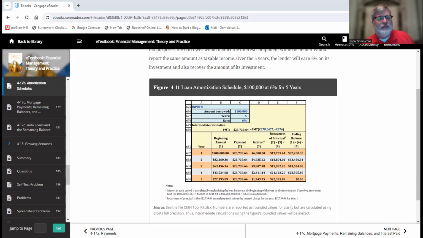We have our ending balance, which is going to be B228 minus the principal payment, E228, giving us that. And then to set it up on the next line, all I did was take F228 and move it over here to B229. And then all I did was use the copy function from this point down. It copied all of my formulas and calculated all of these numbers for me.